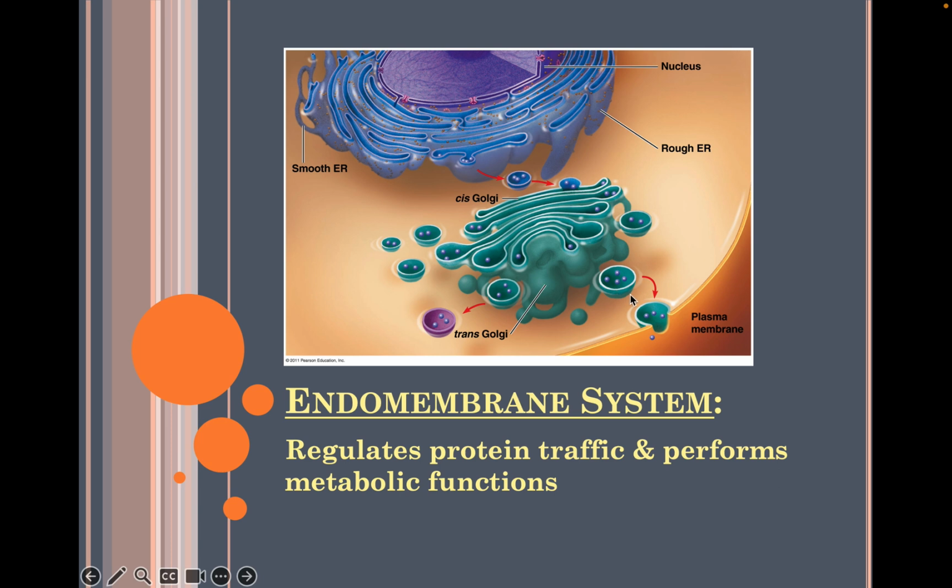That bubble reaches the surface of the cell membrane. The membrane gets absorbed by the cell membrane, and the contents that were in that little packet are expelled from the cell. So the endomembrane system, nuclear membrane, endoplasmic reticulum, and Golgi apparatus are important for trafficking and packaging products or proteins produced by the cell that are needed elsewhere.